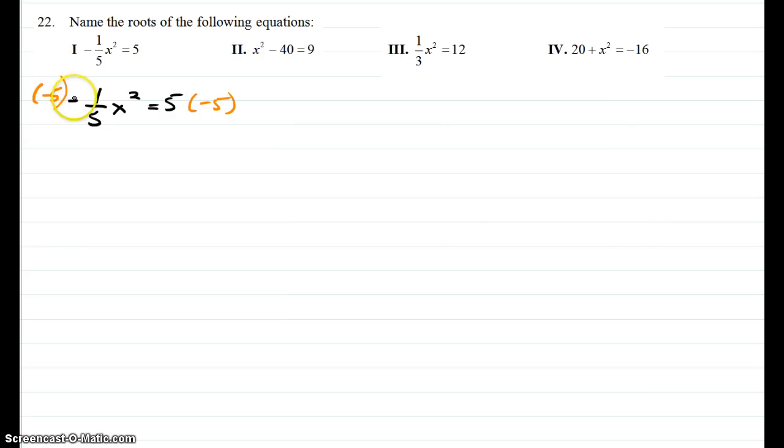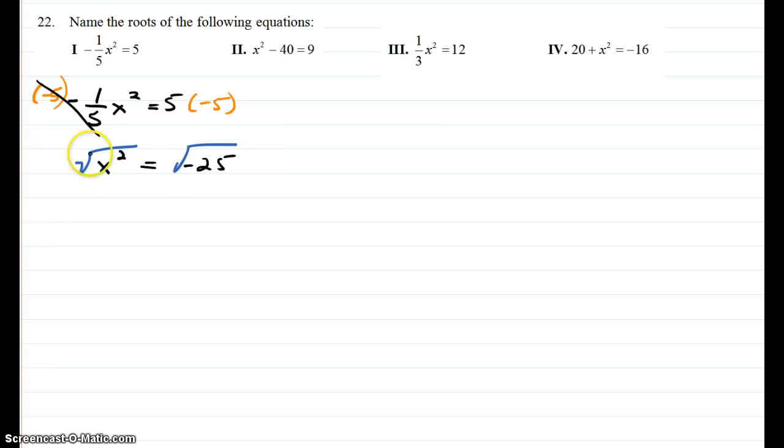So when we do that, the negative goes away and the 5 goes away, and so now I'm just left with 1x squared, or just x squared, equals negative 25. And so now I need to get rid of the square, and the opposite of squaring something is taking the square root.